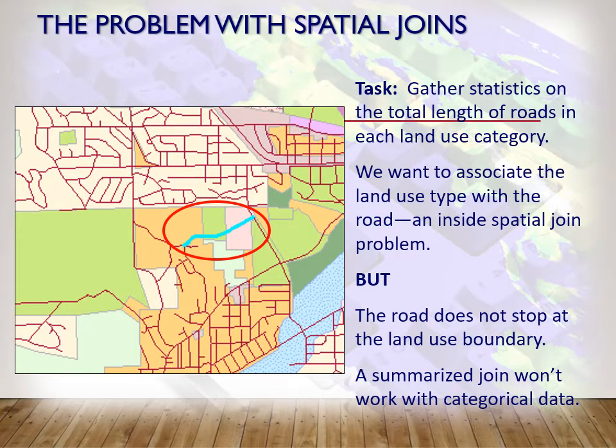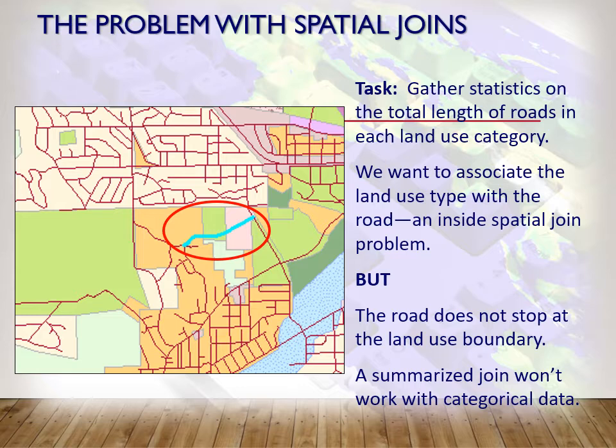Okay, so going back to spatial joins, remember, if we are, let's say, joining land use parcels with roads, and we want to know the length of a road within each parcel, if you just do a spatial join, it'll join those road records to the parcels, but the length will be the entire length of the road and not just the length within each parcel.